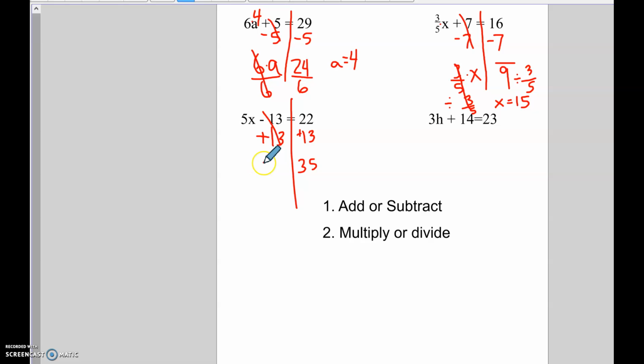And then the last step, hopefully you know, the inverse of times 5 is to divide by 5. This cancels, and x equals 35 divided by 5 is 7. 35 minus 13 does equal 22, so x does equal 7.